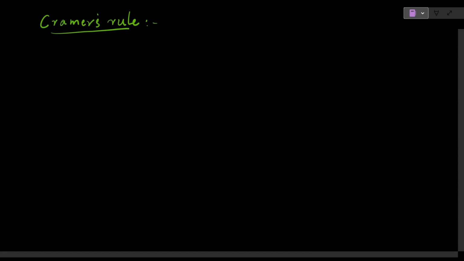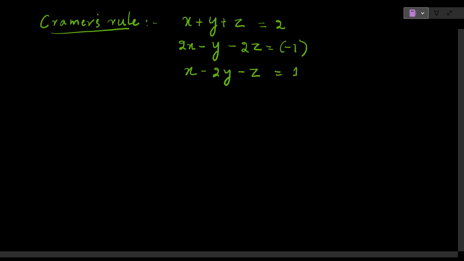The equations are x plus y plus z is equal to 2, and 2x minus y minus 2z is equal to minus 1, and x minus 2y minus z equal to 1. Now let us find the value of x, y and z using Cramer's rule.